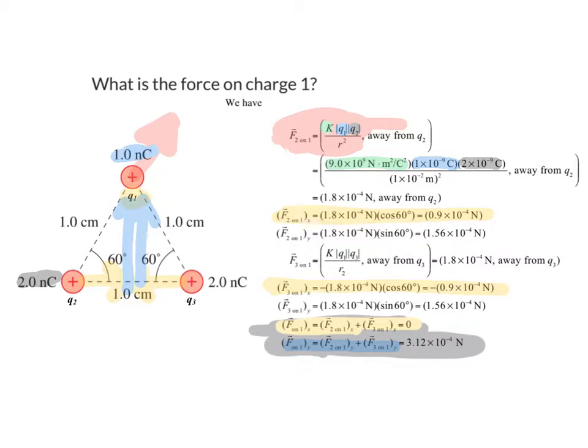So 1 centimeter would be 0.01 meters, or 1 times 10 to the minus 2 meters, and you square that amount. All right. So we get this 1.8 times 10 to the minus 4 newtons away from Q2. Right. So that's the force magnitude, which, just like we saw with the electric field, is based on the straight line distance from source to observation location.